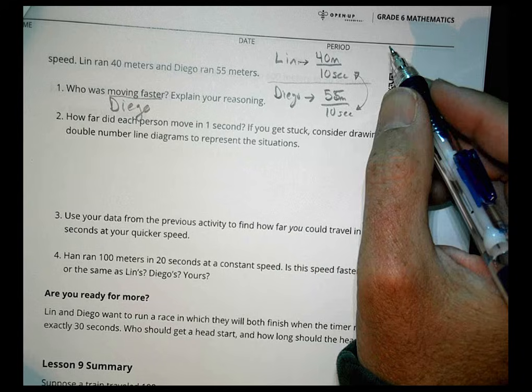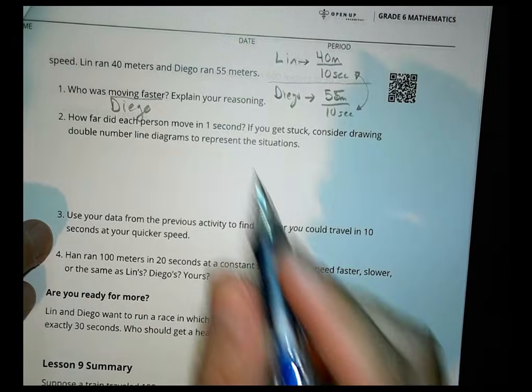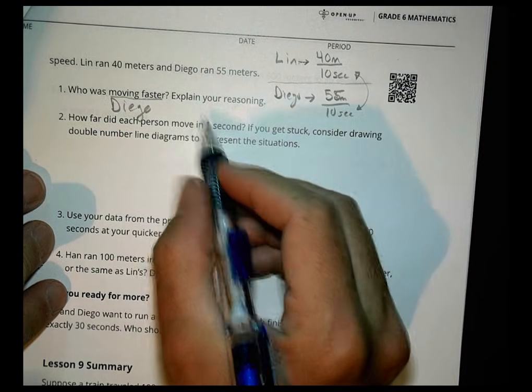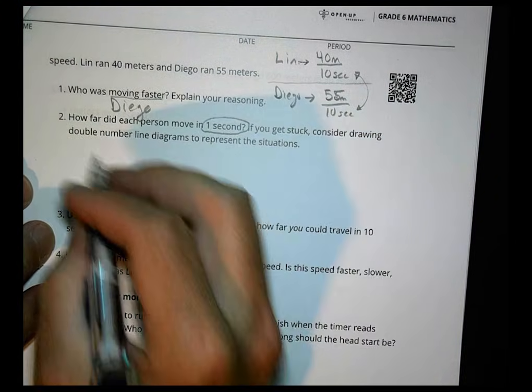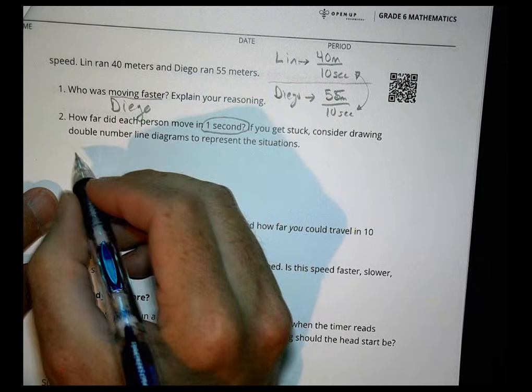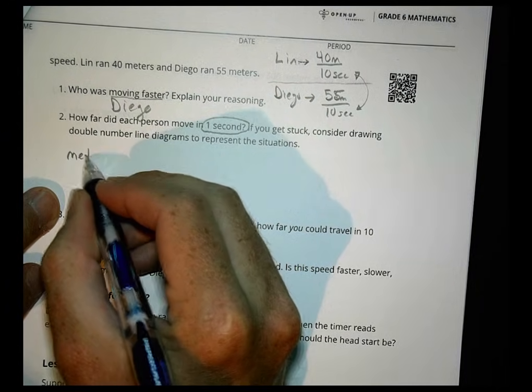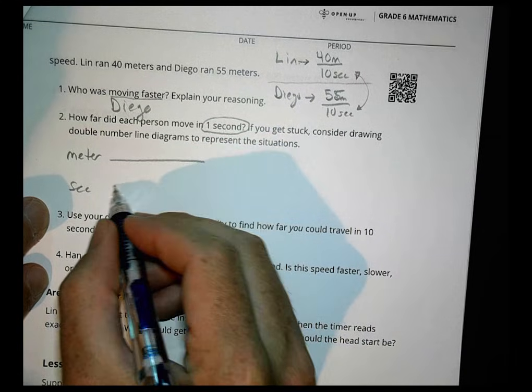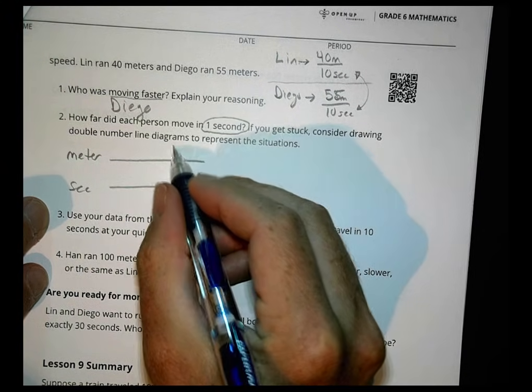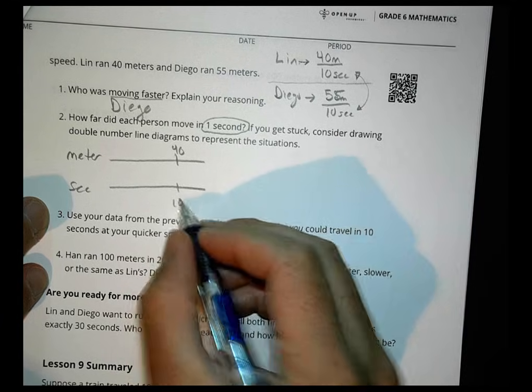Okay? In order to show this more mathematically, we could talk about how far they went per second as a 1 second kind of idea. Okay? So, if you had meters and you had seconds, right? And here's Lynn. Lynn went 40 meters in 10 seconds.